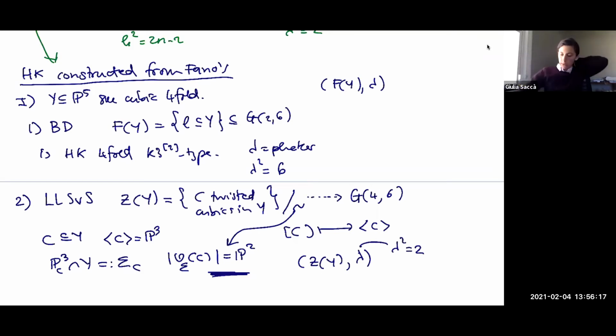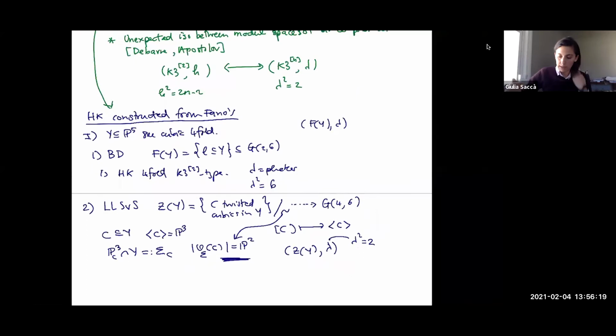Okay, and so let me zoom out a second. Again, these form this locally complete family of polarized hyperkähler manifolds, and in both cases the construction comes from the cubic fourfold. The moduli spaces are exactly the moduli space of cubic fourfolds.